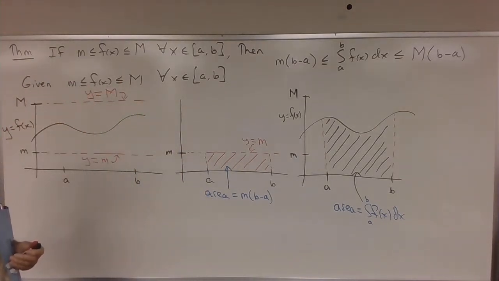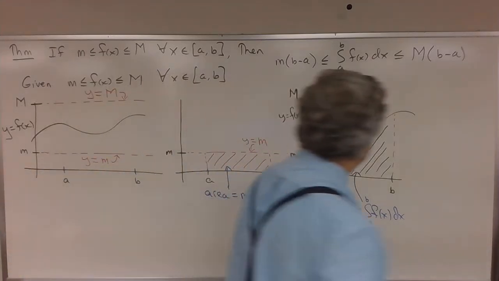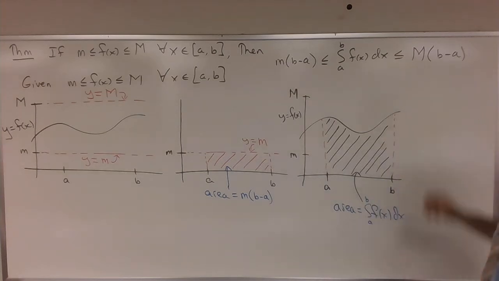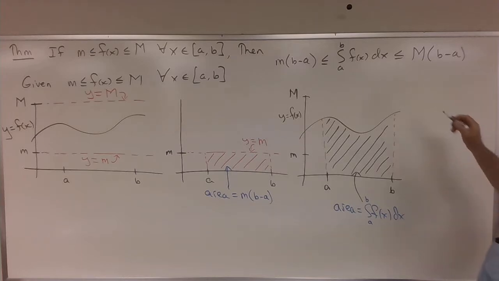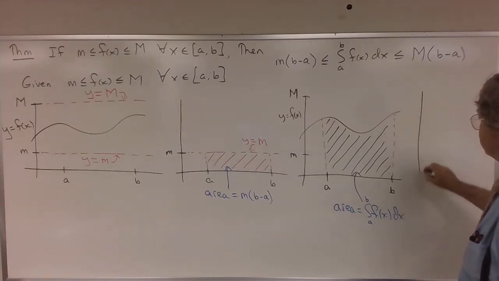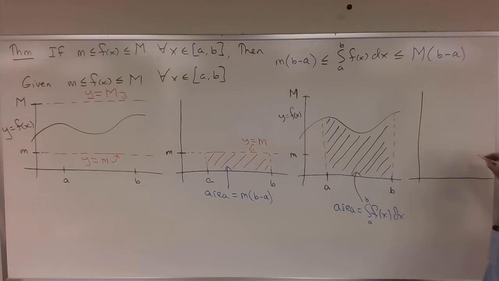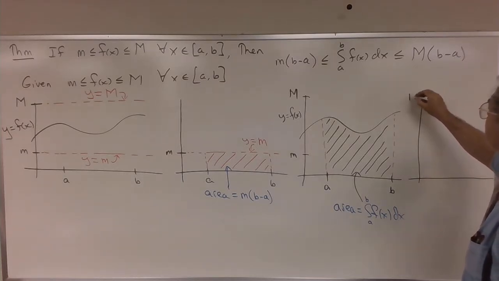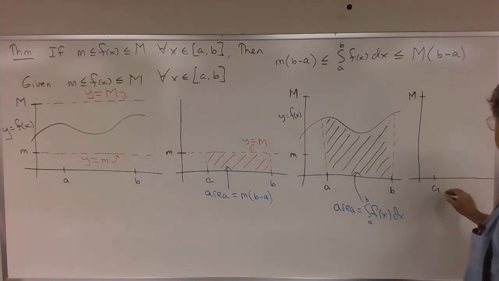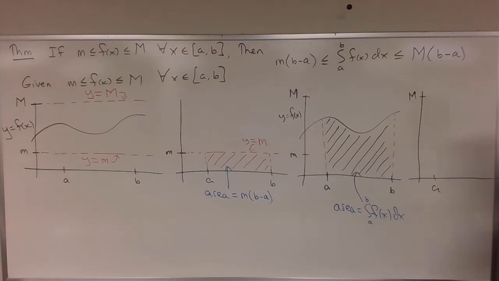And I sure would like to fit that other thing in. Please accommodate me. Here's capital M. Here's A. And here's B. Let's see, can we see that? No, here's B. Maybe we can see that.